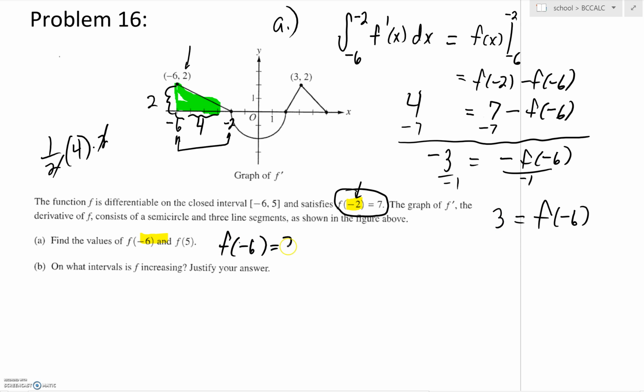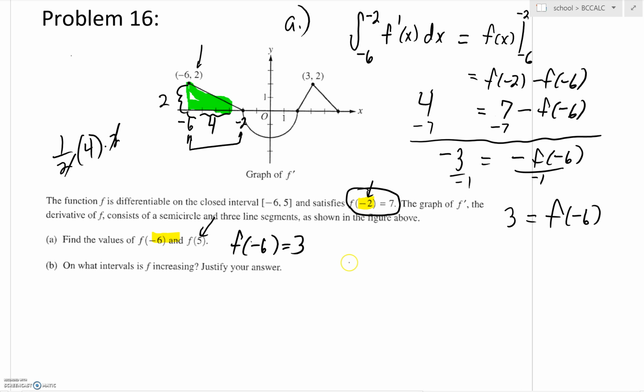You might not be too surprised to see that the next part, going up to x equals 5, is amazingly similar. What we do now is continue. I'm just going to integrate now from -2. You might think, well, why are we doing that? I'm given information about it. But this time I'm going to go up to 5 because that's what I'm looking for.